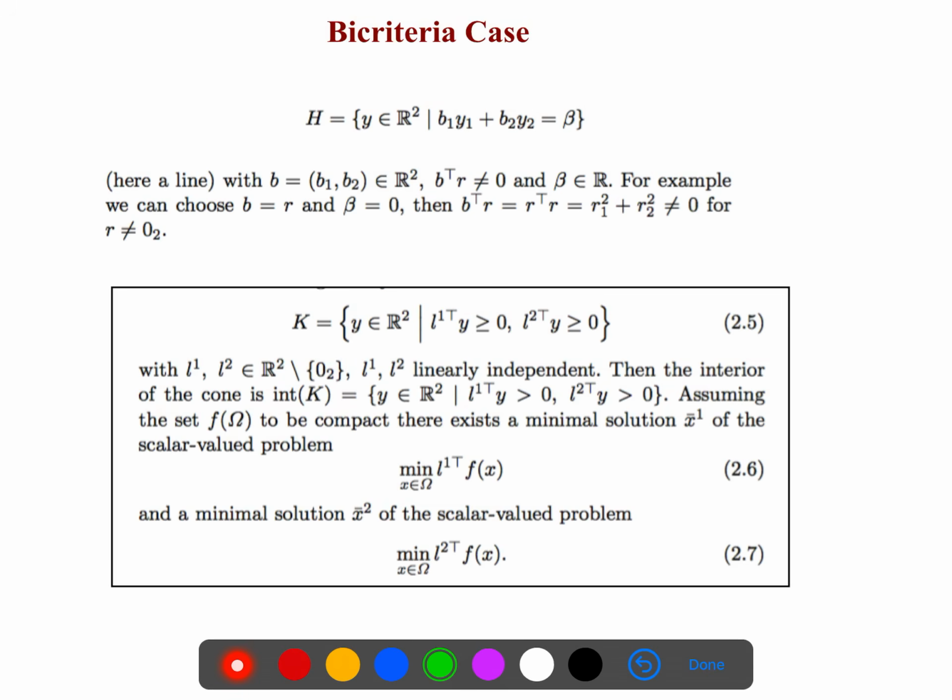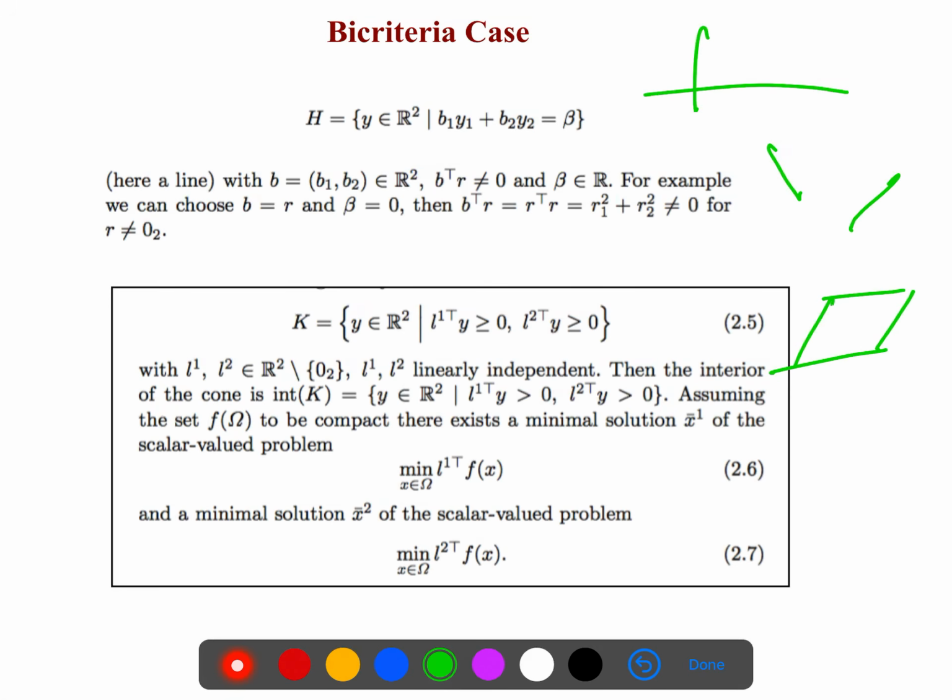And for the bi-criteria case, it's very easy. Geometrically, if you are on this hyperplane, a hyperplane in 2D is just a line, in 3 dimensions it is a plane, in 4 dimensions you call it a hyperplane, and so on.